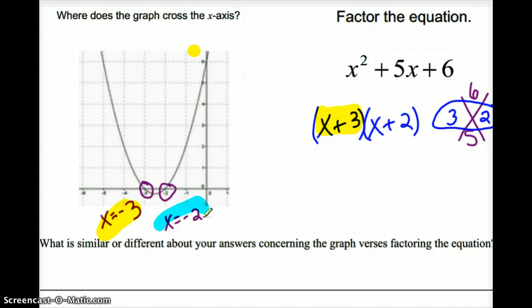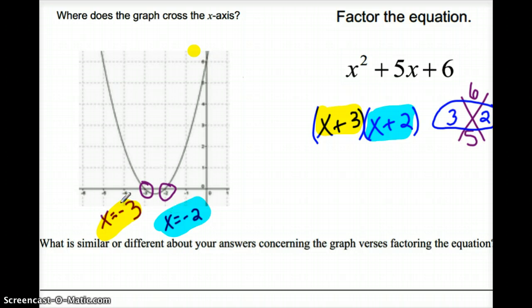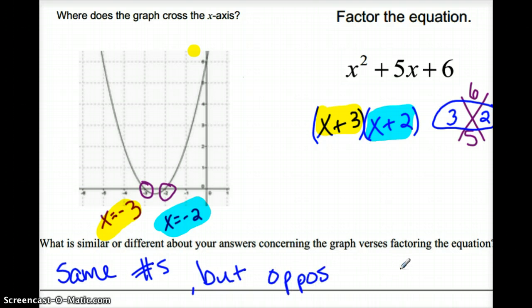And over here we had a -2, but here we had a +2. Okay, so we had the same number, but they were different signs comparing the graph to its factored form. So let's write that. We had the same numbers, but opposite sign.